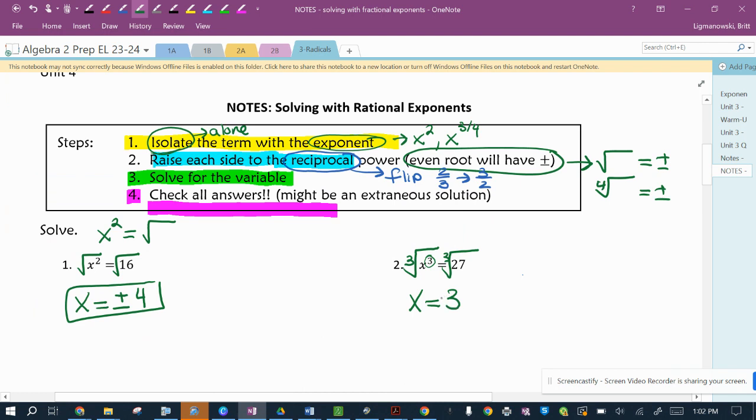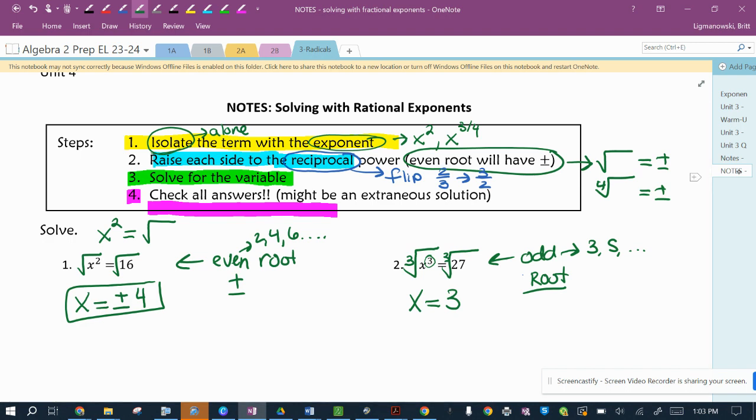And this one is not plus or minus because this is an odd root. An odd root is always just going to be the answer, versus an even root will be plus or minus. So even being 2, 4, 6, odd being 3, 5. Okay, so even versus odd.